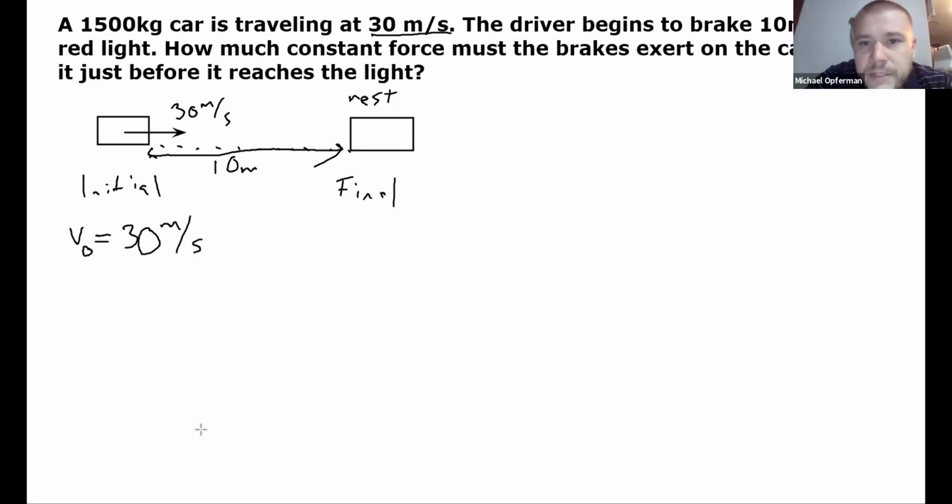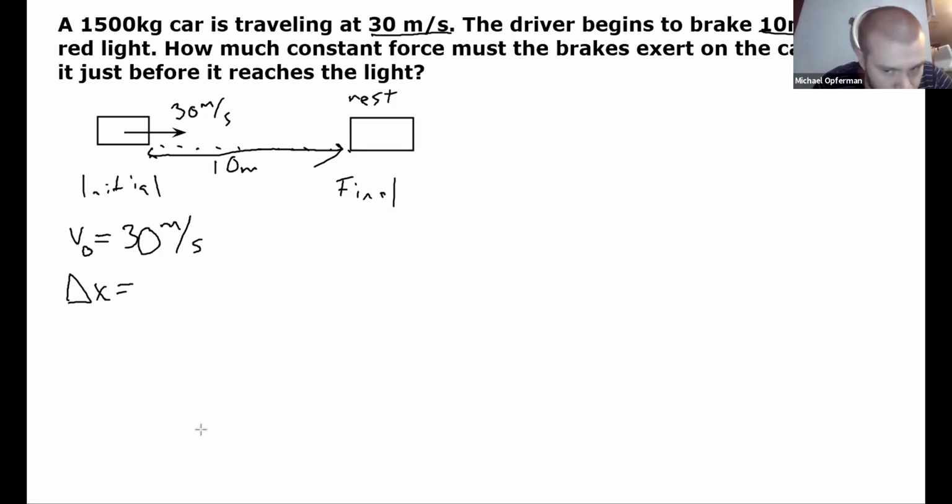Okay, let's keep reading. The driver begins to brake 10 meters from a red light. Sounds like 10 meters is going to be another one of my known pieces of information. That sounds like a displacement, but is my displacement positive 10 meters or negative 10 meters? Remember, displacement points from the initial state to the final state.